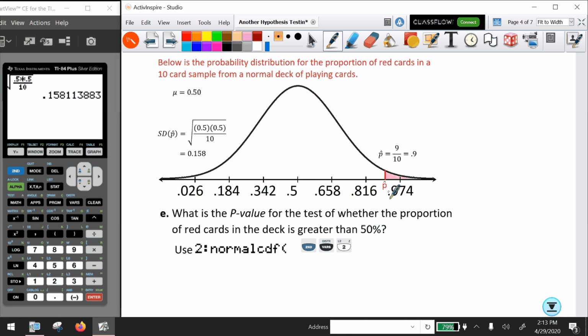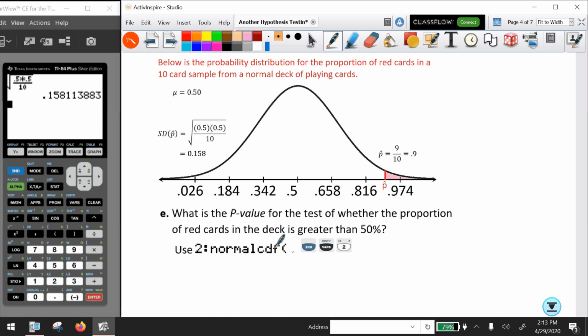And since we're interested in testing that alternative hypothesis that more than 50% of the cards are red, I shaded to the right of that p hat, since this is an upper tail hypothesis test. All right, so basically all we have to do now to answer this question, what is the p-value for the test, is find the area of that little pink shaded region.